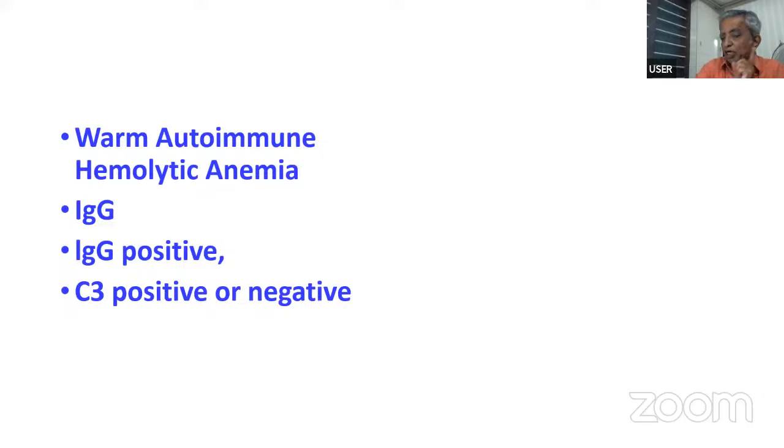C3 can be negative or positive, which depends, but IgG will definitely be positive. And usually we find spherocytes. So warm autoimmune hemolytic anemia is characterized by IgG positivity on Coombs test, C3 positive or negative, and abundant spherocytes. The most common cause of spherocytosis is autoimmune hemolytic anemia.